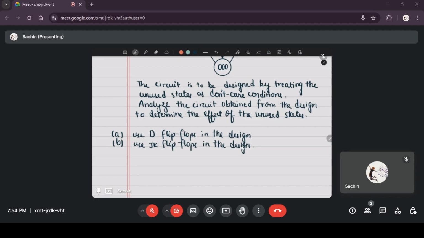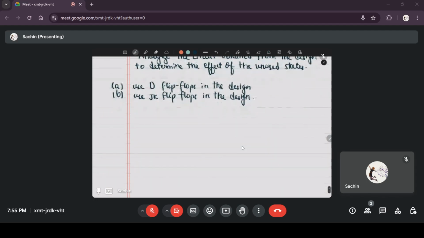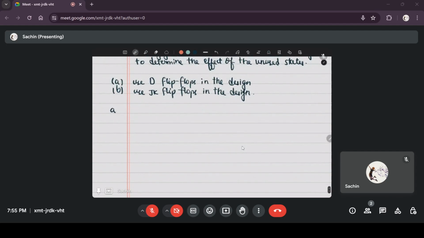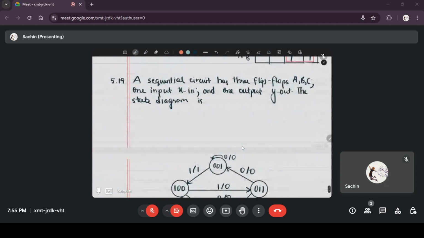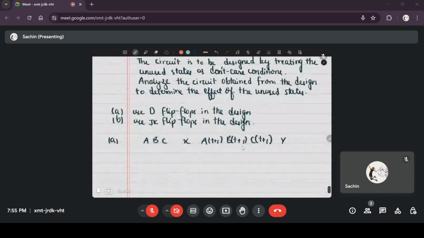There are three unused states: 101, 110, and 111. One input and one output. Have the state ABC, the next state A of t plus 1, B of t plus 1, C of t plus 1, the output Y, X in, Y out.